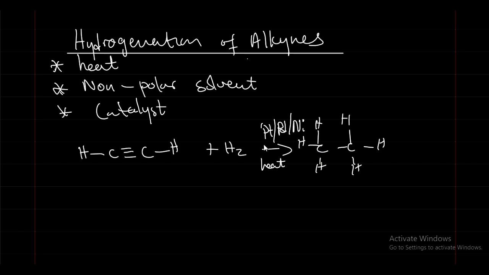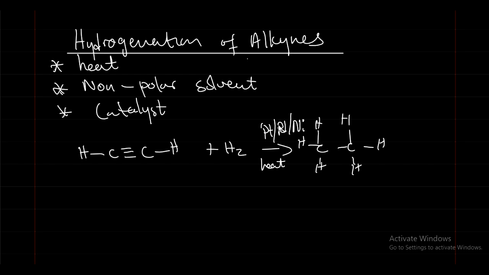If you add 1 mole of hydrogen gas using the same catalyst, you move from alkyne to alkene, and then you add another 1 mole of hydrogen gas and you move from alkene to alkane.